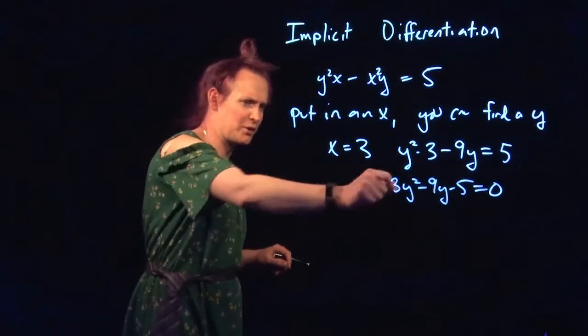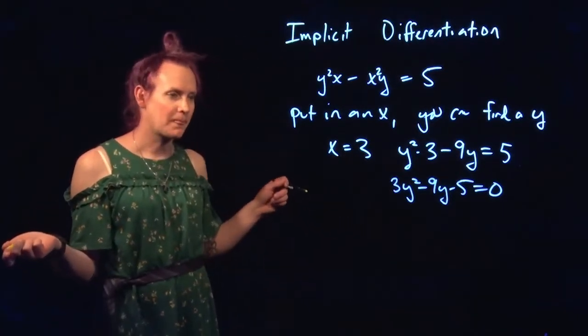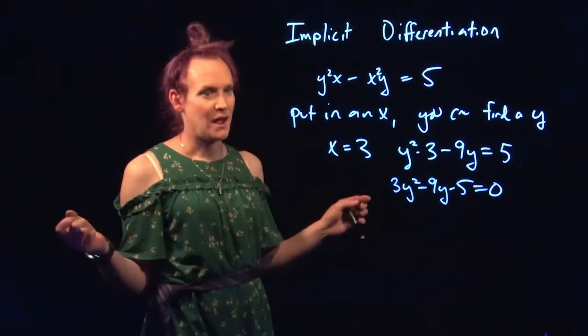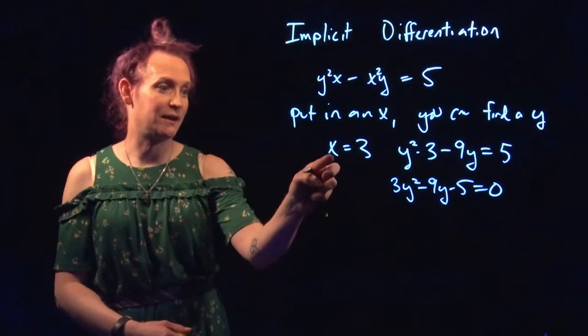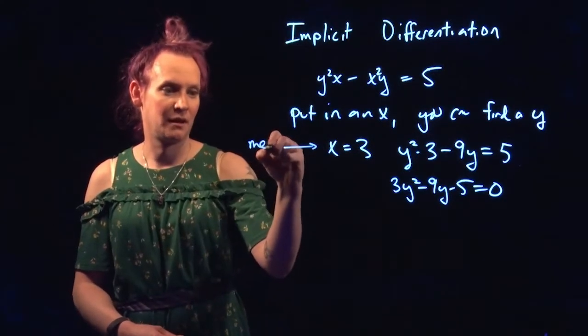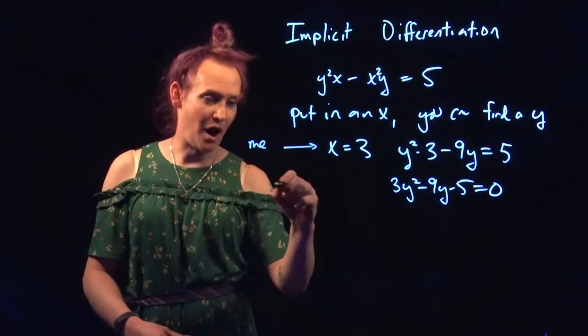And then I can use the quadratic formula and find a couple of y values that correspond to that x value, right? So I fed in an x, I told it this. That was me right there. And then I can find a y.